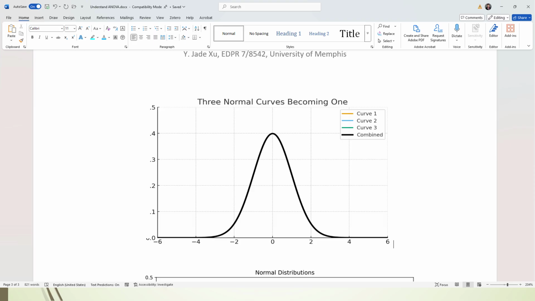Even though there are only 3 values, they can still be used to estimate the population variance, which is called the between-group mean square. The mean square values, as the 2 variance estimates of the underlying population, should be very close in value, and their ratio, calculated in the F statistic, is expected to be close to 1.